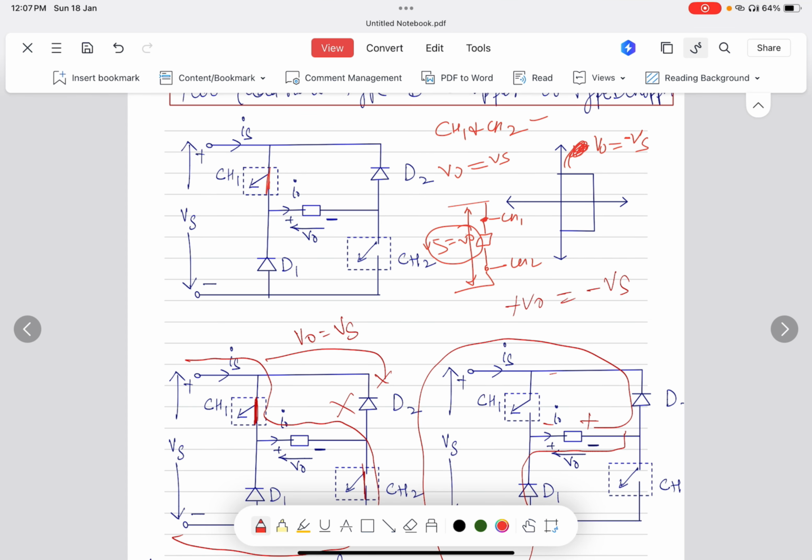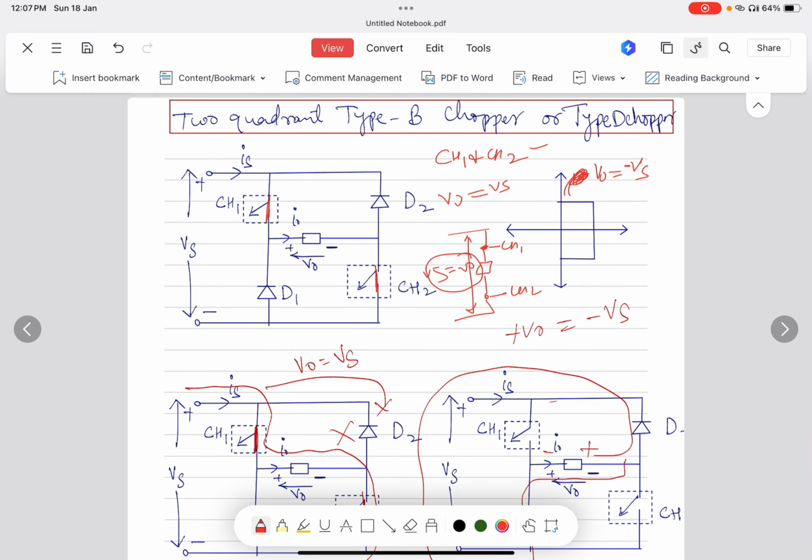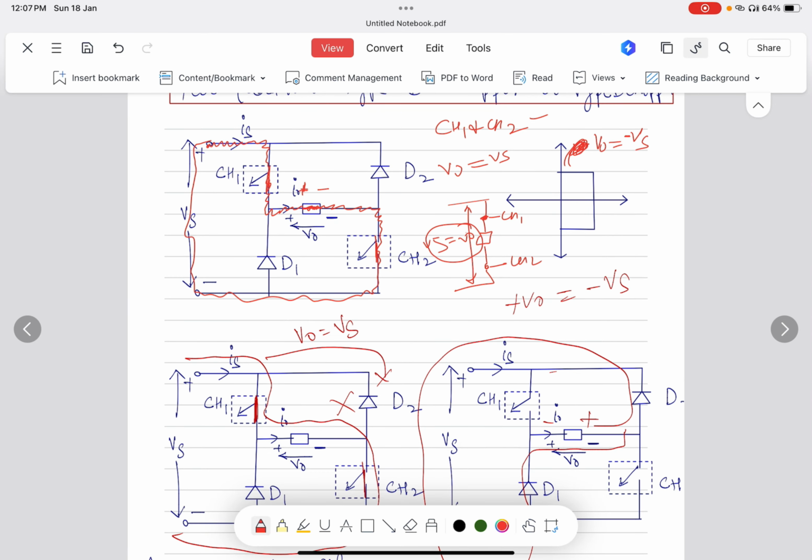When both the choppers CH1 and CH2 are on, the current flows through this path: through chopper 1, then through the load, then through chopper 2, and then back to the supply. You can see the direction of the current in the load, and the polarity is plus minus, because the load may have an inductor in it. So you have seen how it works.